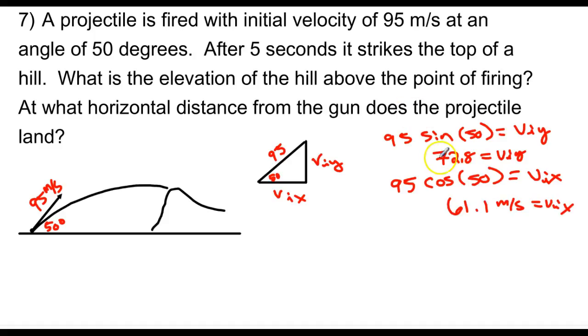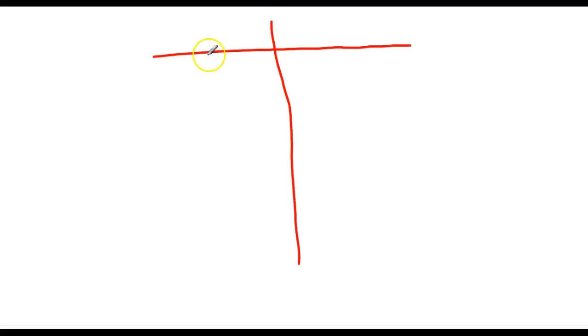And it should make sense that our velocity in the y direction is larger than the x because this angle is larger than 45. So we should have more velocity going in the y direction. So what we're going to start doing now is listing out our knowns and our unknowns in this problem. I've got x and y, and we could do initial in the x, initial in the y.